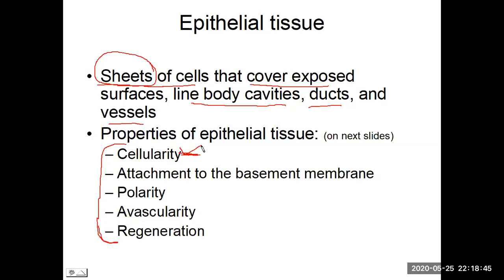Also, since these tissues cover the surface, what holds them in place and connects them down to deeper structures is what's known as a basement membrane. This is what attaches the superficial epithelium onto the deeper surface of our body. Individual epithelial cells have this trait of polarity, lacking a blood supply. And with mitosis, we rapidly produce new cells to replace older ones. So we'll expand upon these traits.